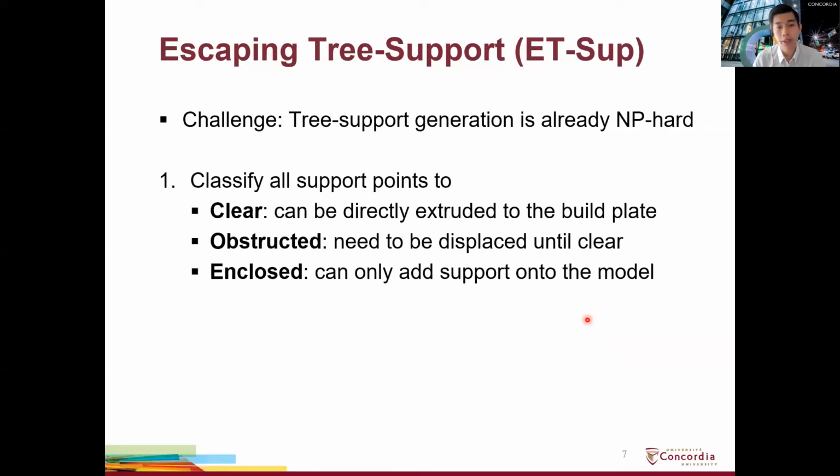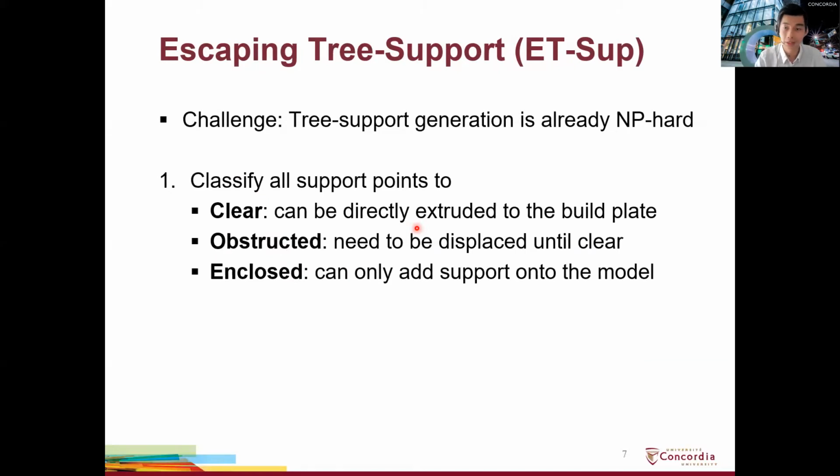A heuristic way is developed. First, we classify all the support points into three types: clear, obstructed, and enclosed. Clear means there's nothing beneath it, so you can directly extrude it to the build platform.